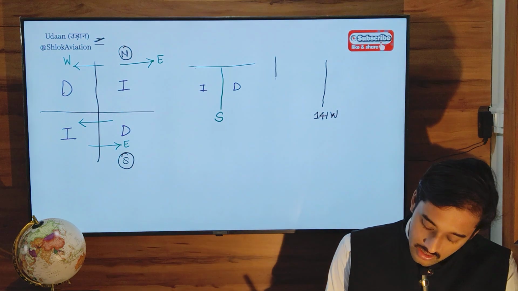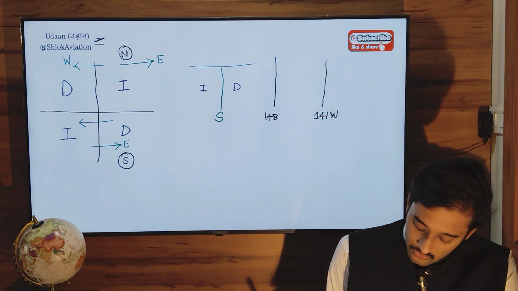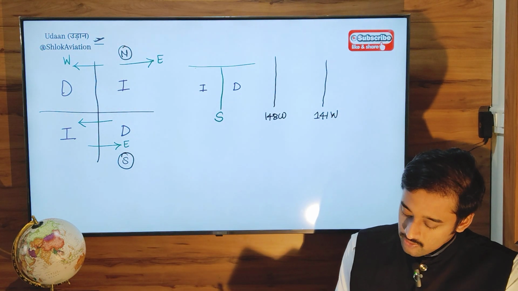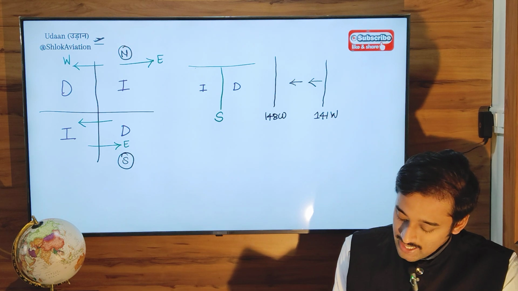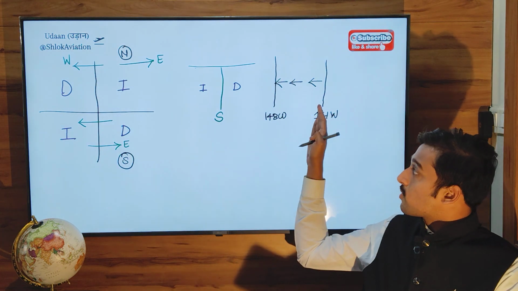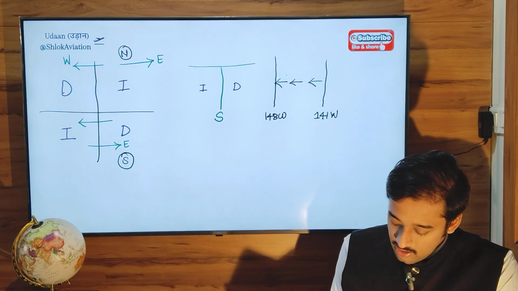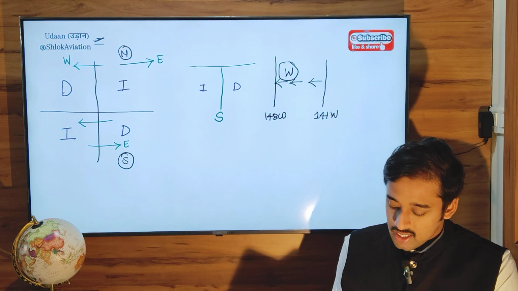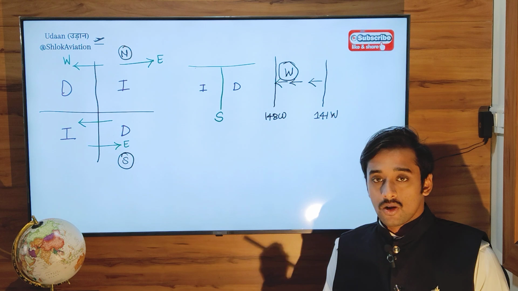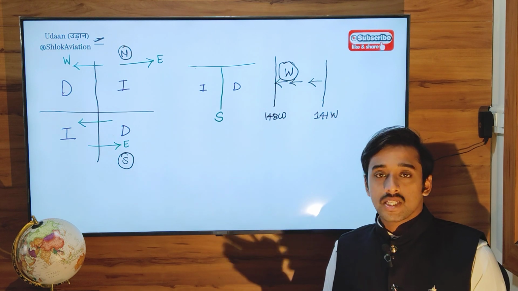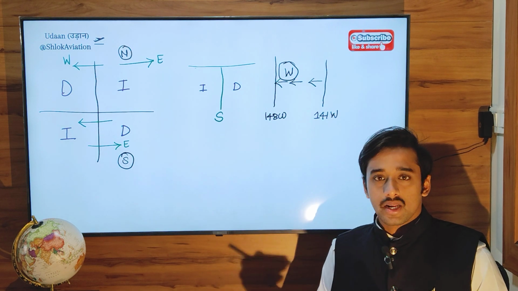So that means you're going from 141 west to 148 west, as given in the question. Indirectly you're flying in the westerly direction, or flying a heading of 270, or in that range.